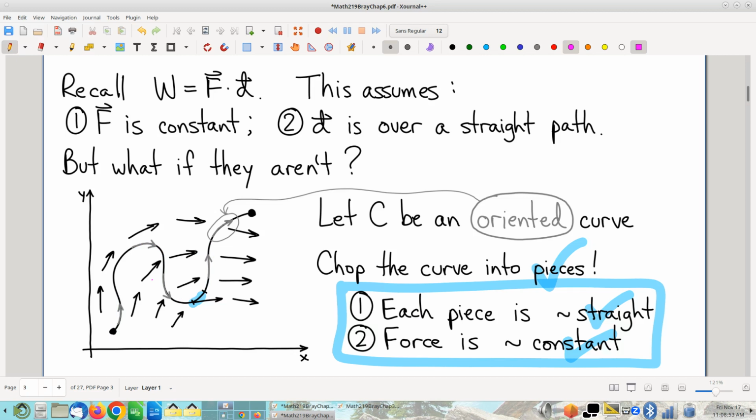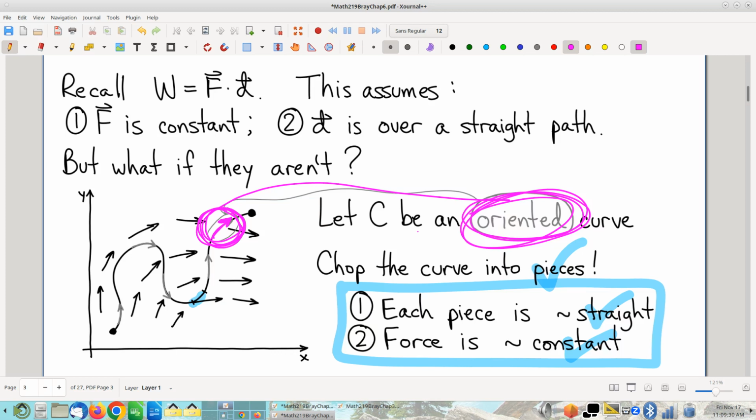Said differently, we're not moving on a curve, we're moving on an oriented curve, right? So this is one of our big deal refinements. When we're talking about vector line integrals, the domain has to be an oriented curve. There has to be an indication of which direction you're going. And those indications of direction are called your orientation. And so the curve combined with the orientation is the actual domain known as an oriented curve.